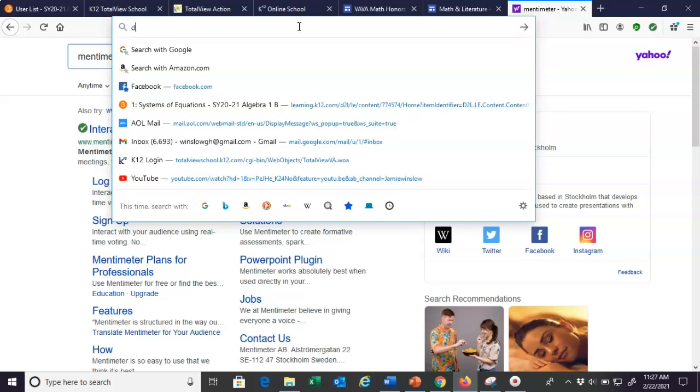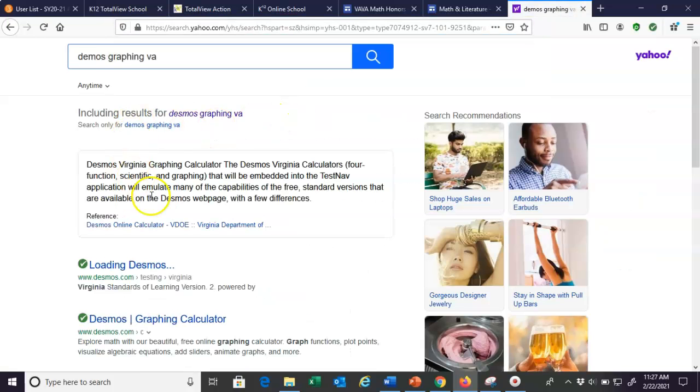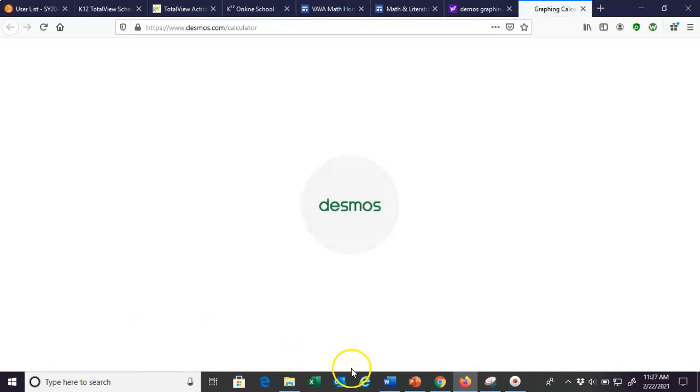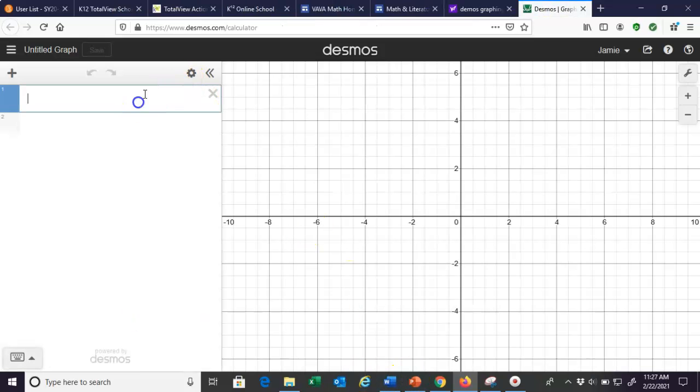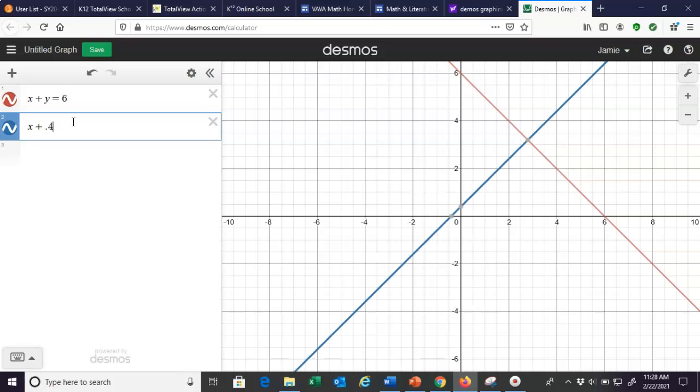So let me get our calculator up here. And all we do is put in those two equations, x plus y equals 6, and 1x, which is the same as x, plus 0.4y equals 0.5 times 6.